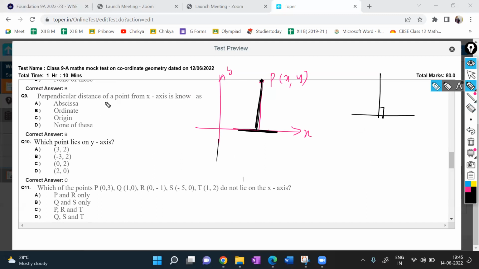So the perpendicular distance of a point from the x-axis is known as what? From the x-axis, is it the ordinate, the y coordinate? Yes, sir, it's the ordinate. Why? Because this black color distance is equal to the y coordinate. Imagine, don't memorize anything here. Try to observe things, feel it. Okay, next.